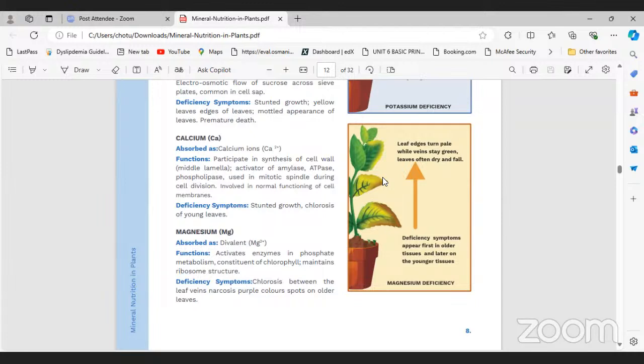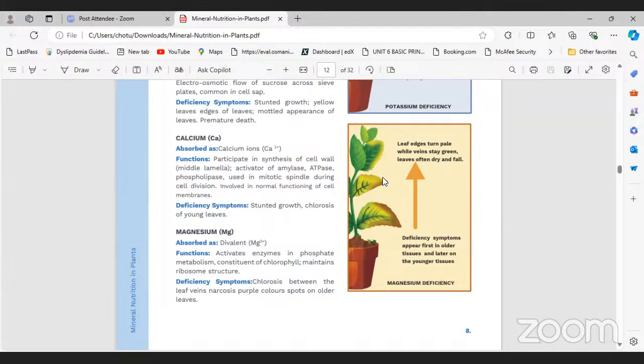If calcium is lacking, oxalic, acetic, succinic, and formic acids accumulate in such quantities that they become injurious to the cells.